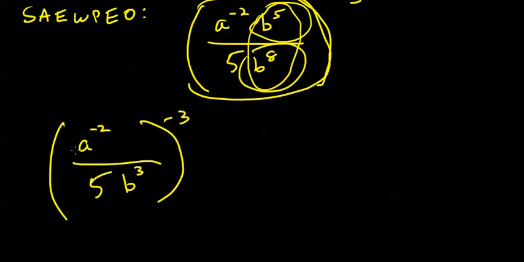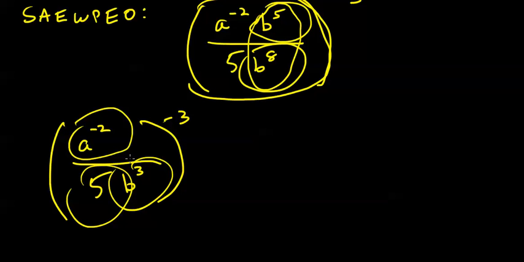Now I'm going to apply the rules, and I'm going to cite the rules, you should do it too. It's really rules 3 and 4, claiming I can distribute an exponent over factors of a product or quotient.